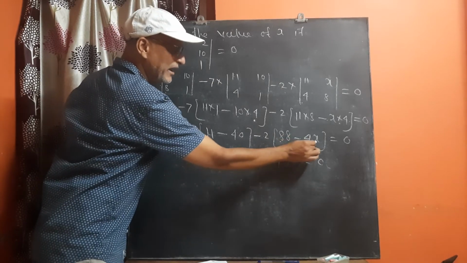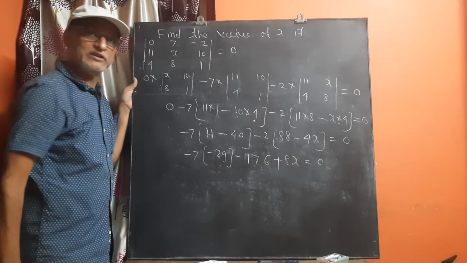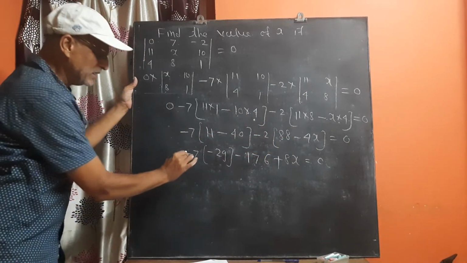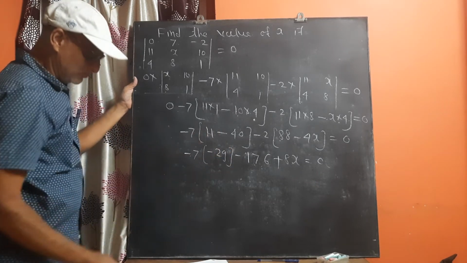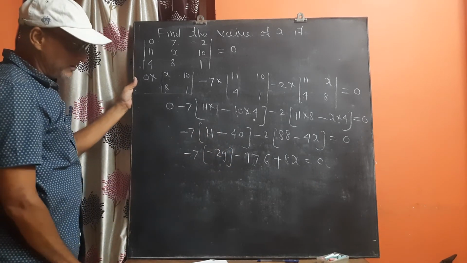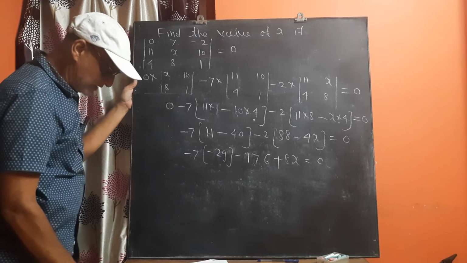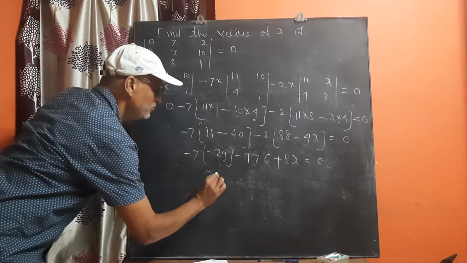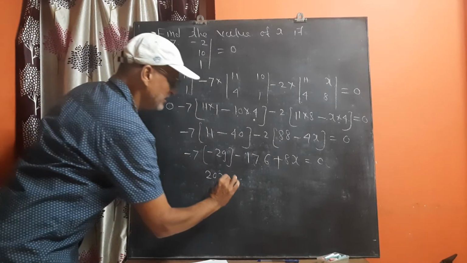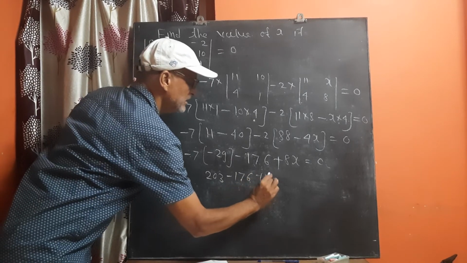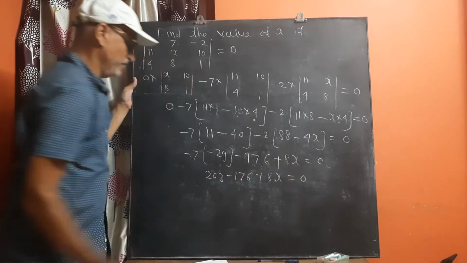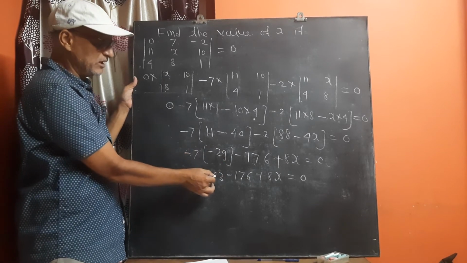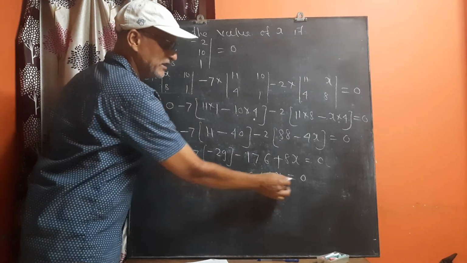यहाँ पे डायरेक्टली यहाँ पे x है और 88 है तो उसका सब्ट्रैक्शन नहीं होता है, that's why we have simplified the brackets separately. Now minus 7 into minus 29 मल्टीप्लाई करो, minus minus plus हो गया, 29 into 7 that is 203, minus 176 plus 8x equals to 0.